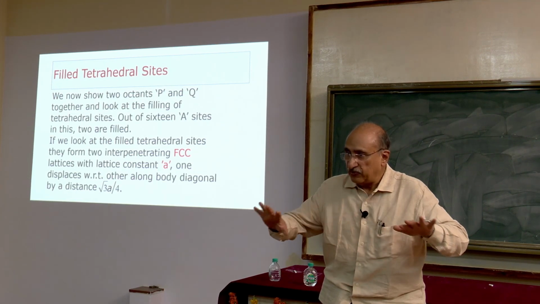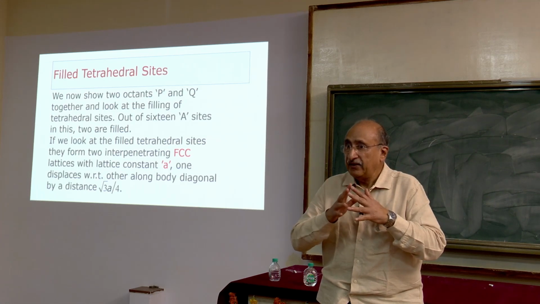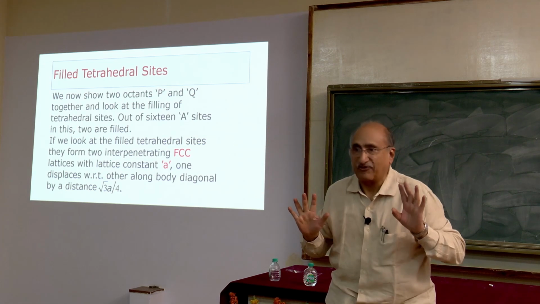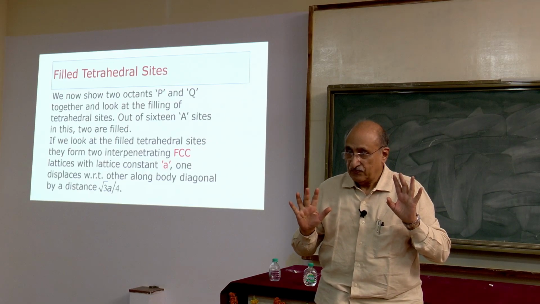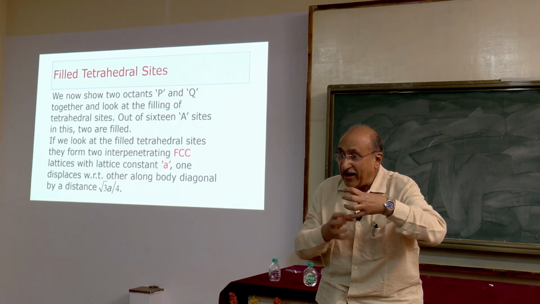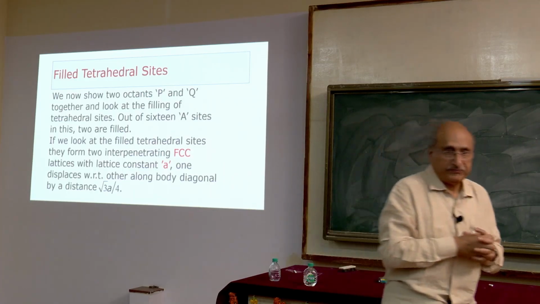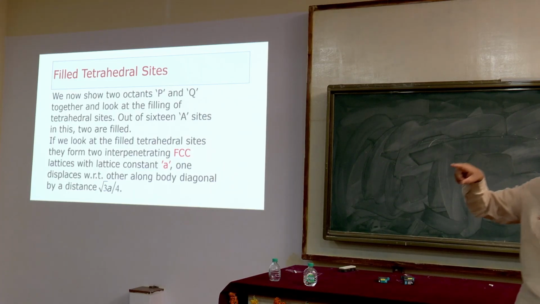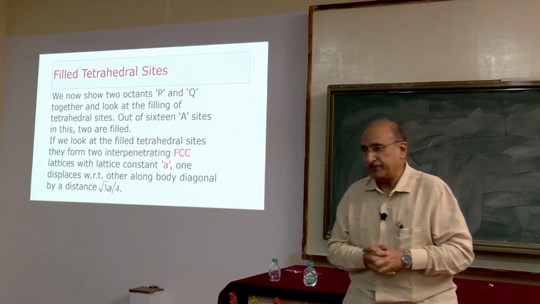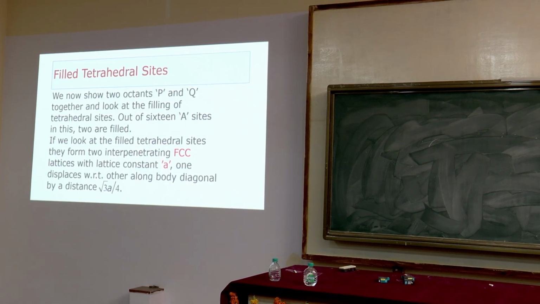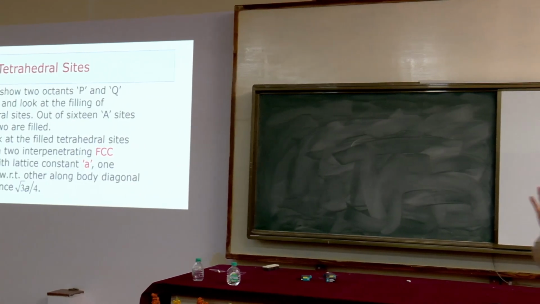Then the distribution of octahedral sites: out of 32, how 16 octahedral sites have to be taken. Then how these distributions of A and B sites are related to each other. Then I have defined the unit cell completely. Then I will talk about the positioning and about super exchange interaction. Is it okay? Clear?